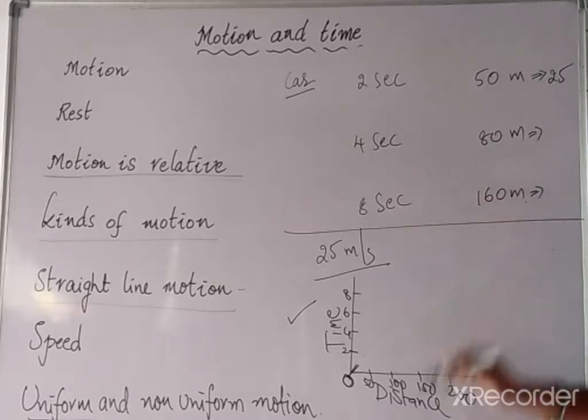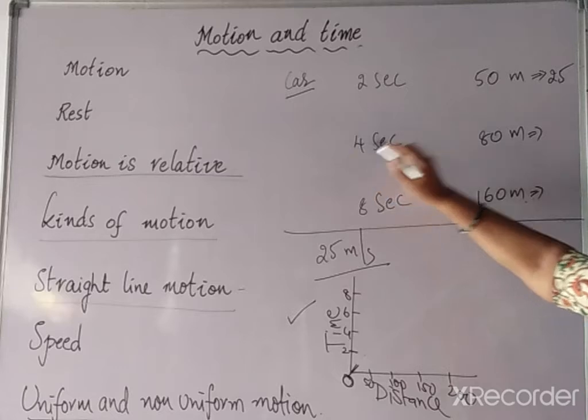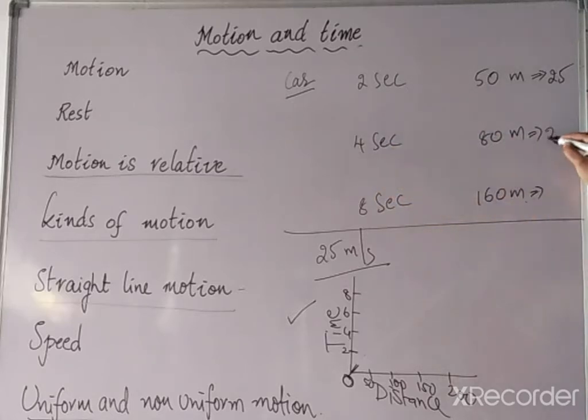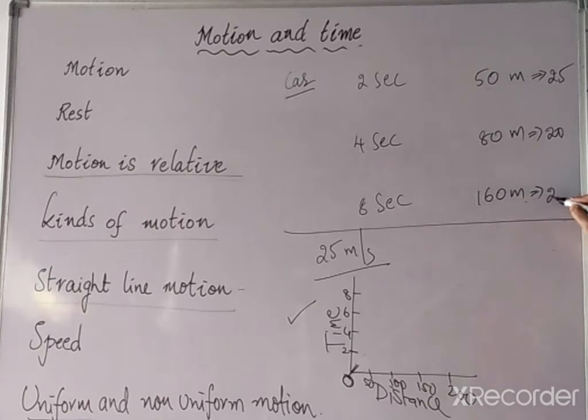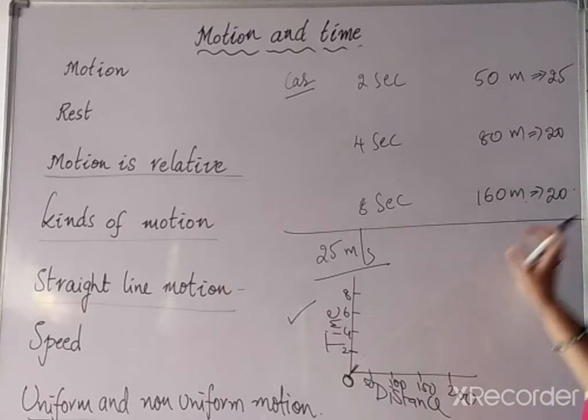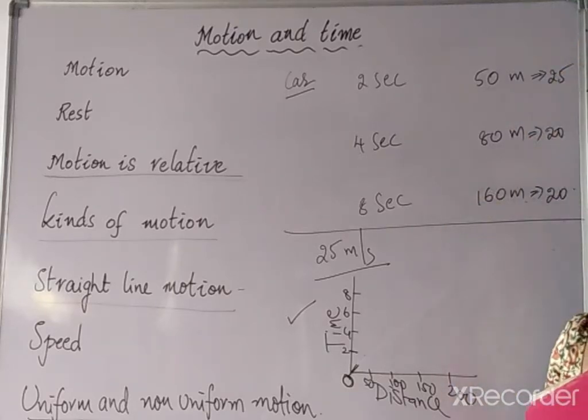Now we calculate the speed of this car. 80 meters by 4 seconds, 80 by 4, 20 meters per second. 160 by 8, here also 20 meters per second. 20, 20, 25: we got different speeds. It is not that every time it must be different; if at even one point it is different, that is also called non-uniform motion.